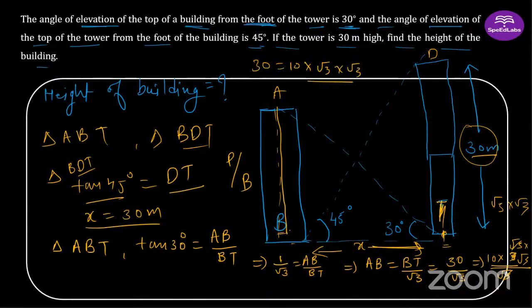So when divided by root 3, one root 3 gets cancelled, and one root 3 remains. So our answer comes out to be 10 root 3. If, for example, I forgot to do this and just wrote 30 by root 3, that would be correct too. Don't worry, you will get marks.